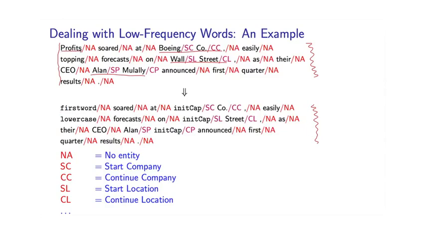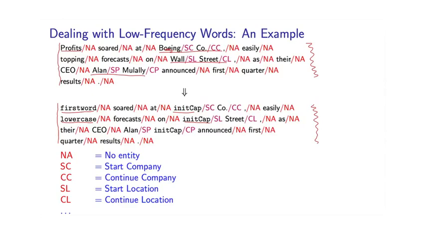So profits is mapped to first word, Boeing is mapped to init cap, we have lowercase, init cap, and so on and so on. You as a human can look at this data, and you can see that even though we've discarded the precise identity of these words, we've still preserved quite a bit of information, and most importantly, information about the underlying spelling of those words, which will be useful in the named entity problem.